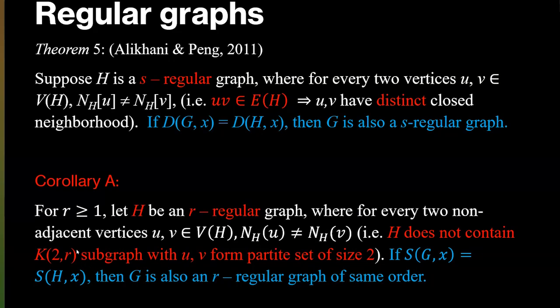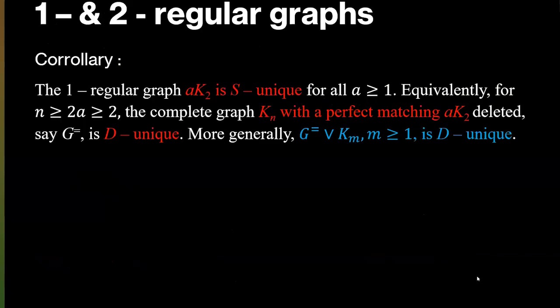Probably the R here is a typo, I believe. Then if G and H have the same star polynomial, then G is also an R-regular graph of the same order. Here I'm assuming that we don't consider isolated vertices.